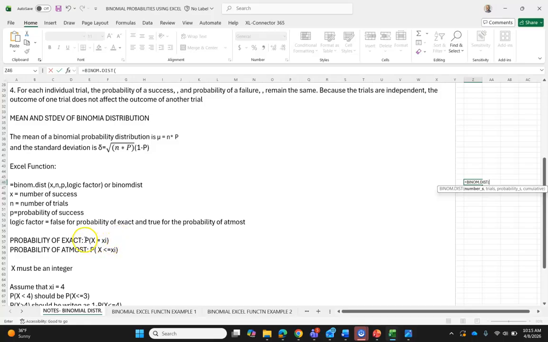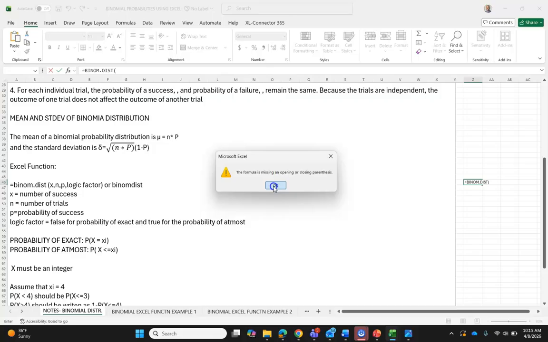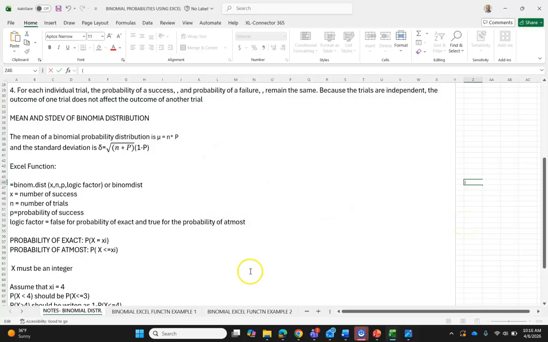Probability of exact is when we have the probability of X such that X equals a value, xi. And probability of at most is the probability of X such that X is less than or equal to a value. So those are the two conditions that we need to apply when we use binom.dist.